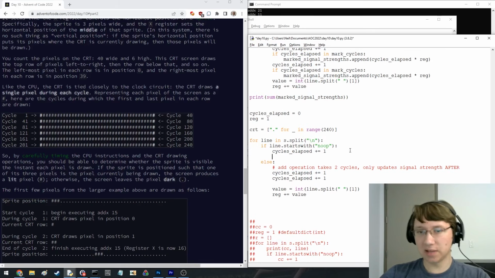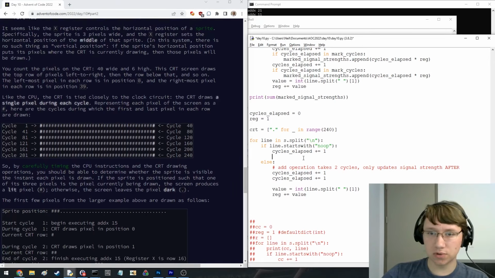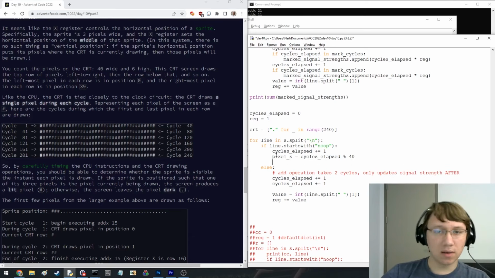Cool. And then whenever a cycle elapses, we need to check if, yeah. So pixel x is going to be elapsed mod 40. That seems right. This is doing it 1 indexed, but I'm doing it 0 indexed.